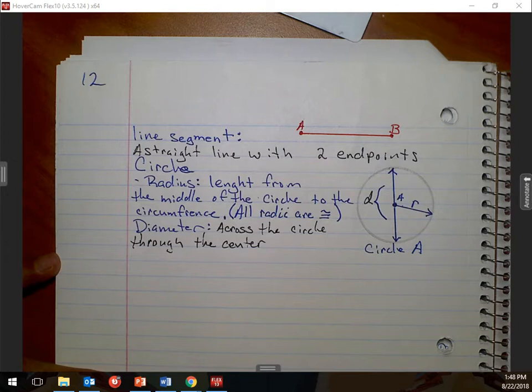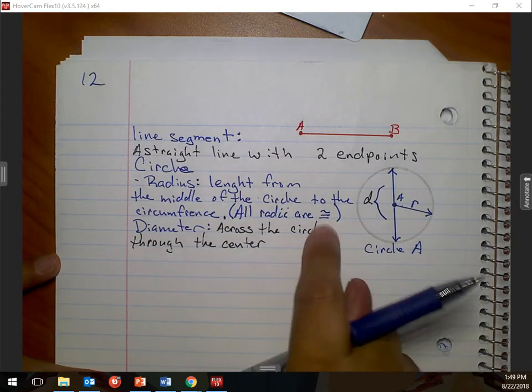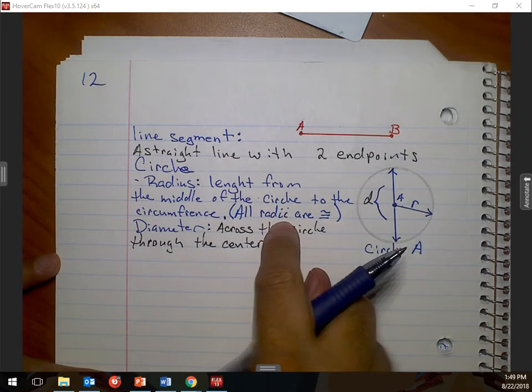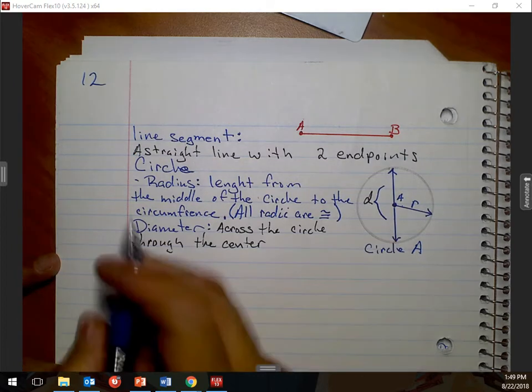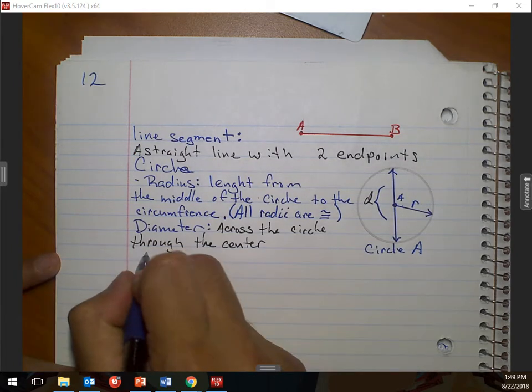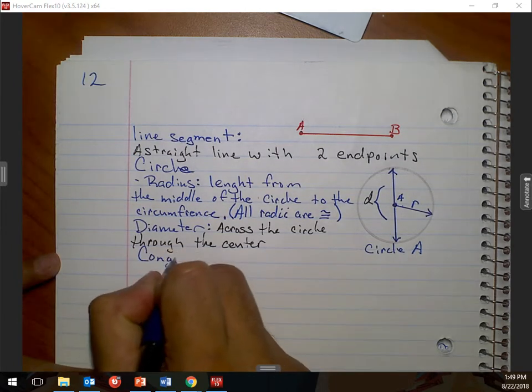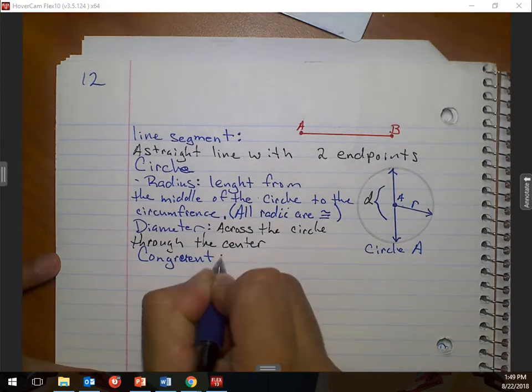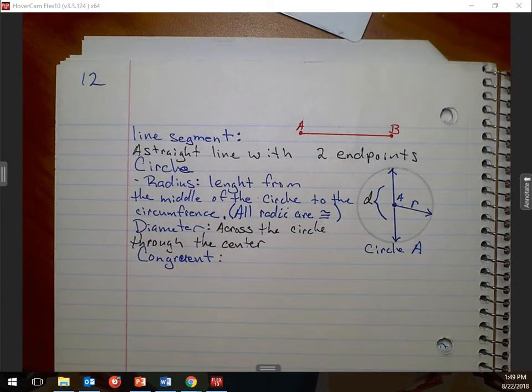So that leads me to my next word. What do you think the next word should be? Congruent. Radii is the plural of radius. Okay. So congruent. All right, what do you think congruent is? The same. Okay, so now mathematically I would say what? They have the same distance.